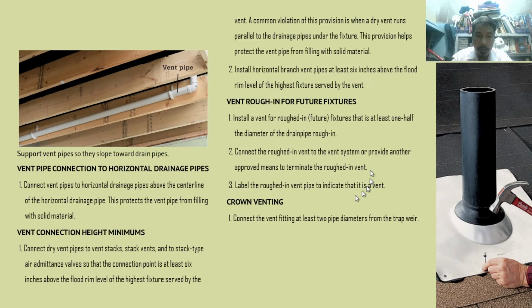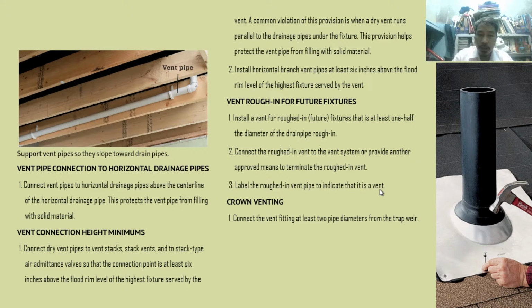Vent connection height minimums. Number 1, connect dry vent pipes to vent stack vents and to stack type air admittance valves so that the connection point is at least 6 inches above the flood rim. This is the second time that this provision was mentioned.